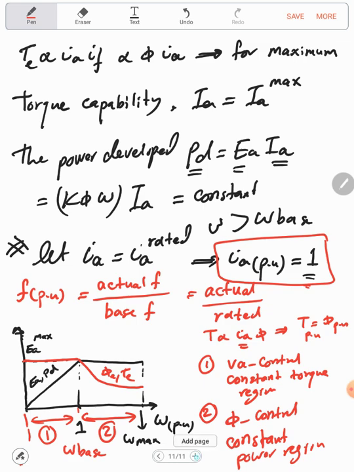Now, in order to control, the machine must also be operated in the 4-quadrant operation, because sometimes we need the machine to rotate in the forward direction, sometimes we need to rotate the machine in the reverse direction, and sometimes we need to go from forward to reverse.